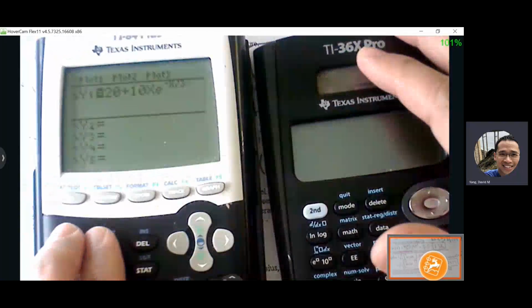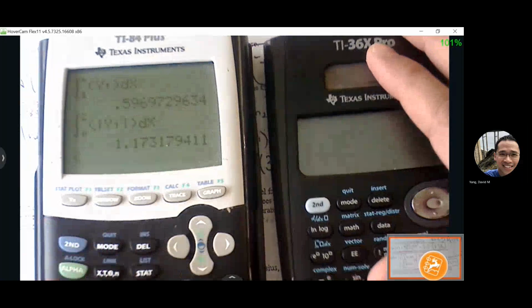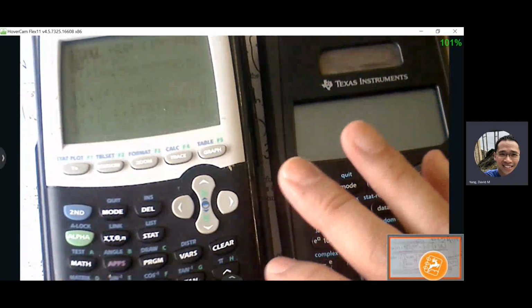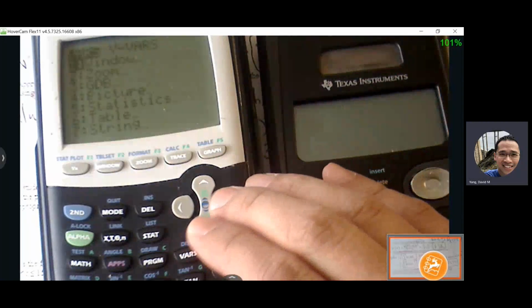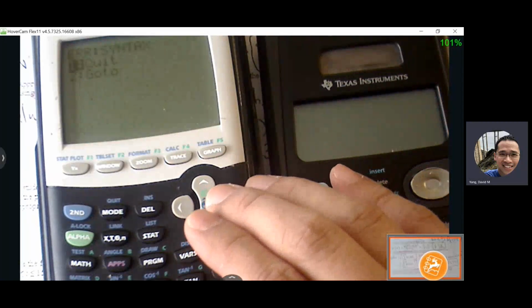Okay, I'm going back to my home screen. Math 8 will get me to nDeriv. I'm going to call my function, Vars, Y-Vars, Function, y1.